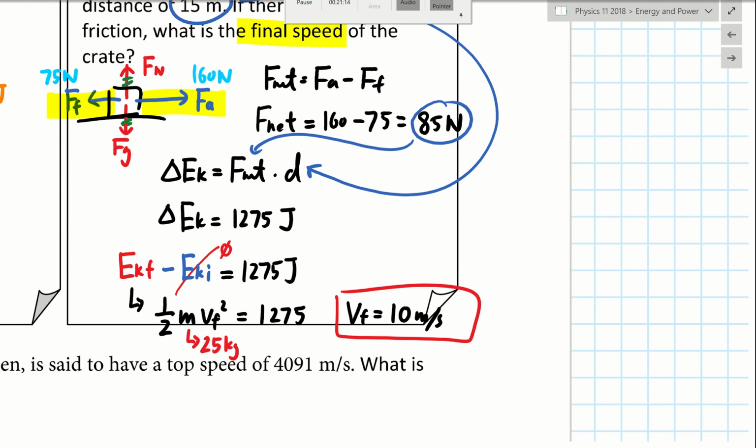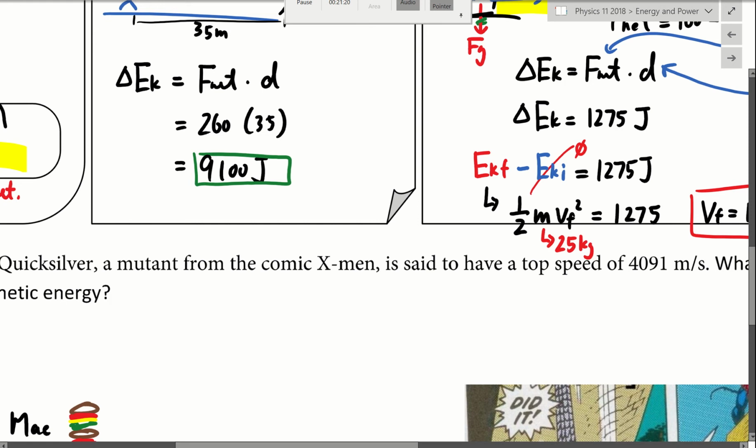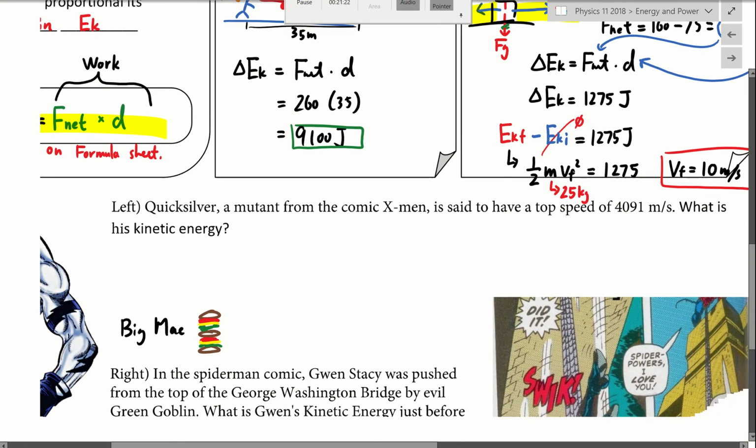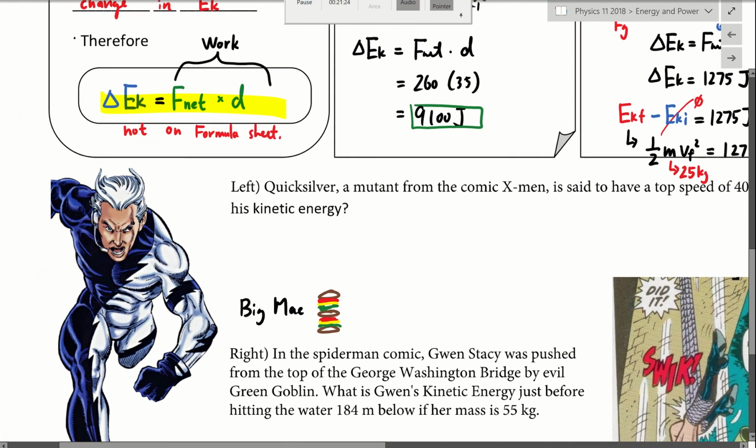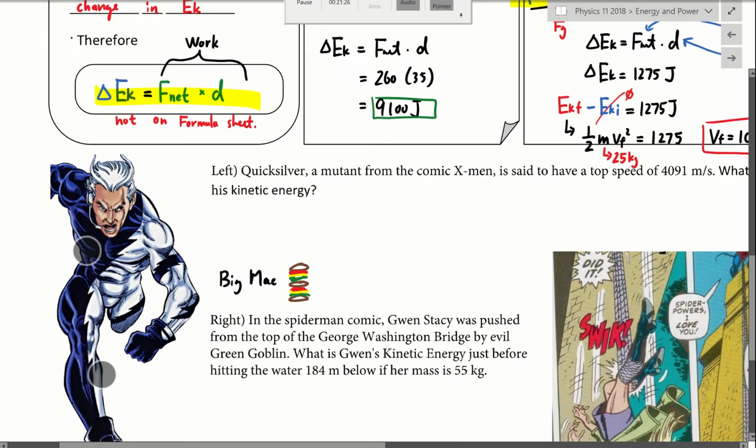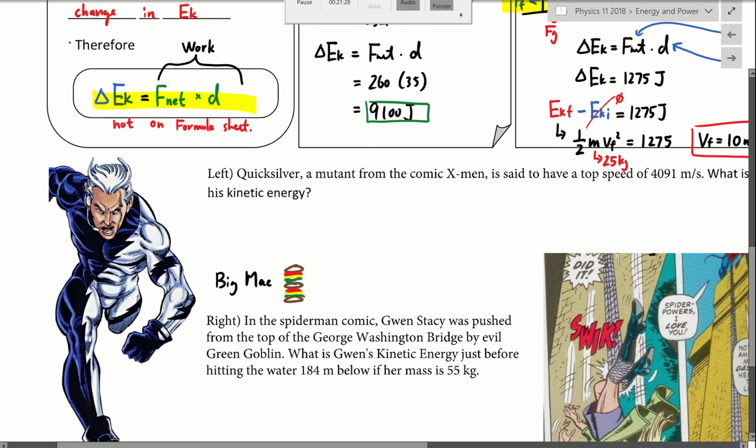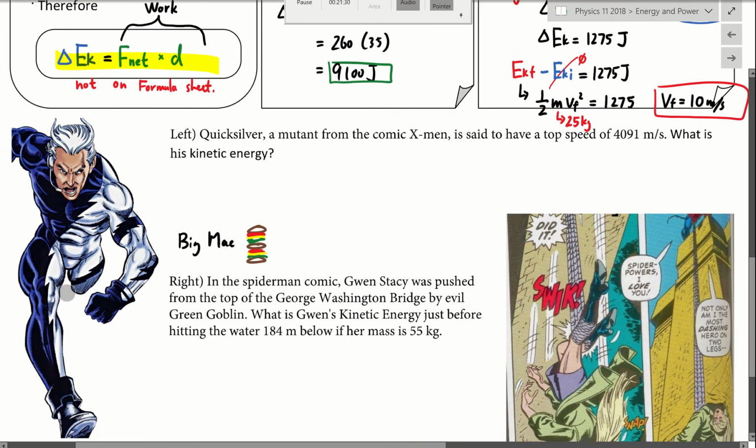Now this is done. At this moment, I want to talk about a movie character or comic character, the Quicksilver. He is a mutant from the comic X-Men.